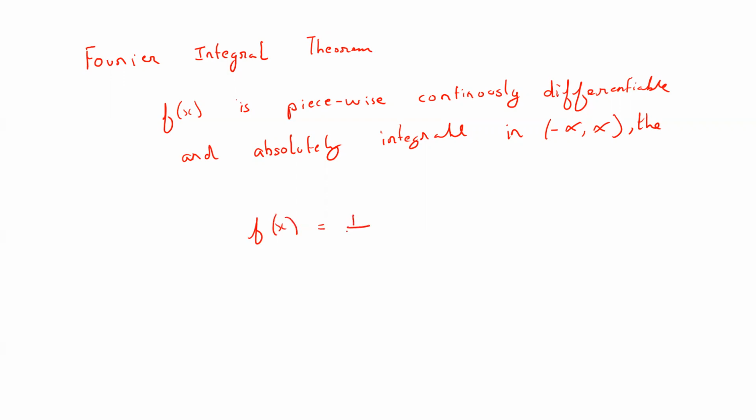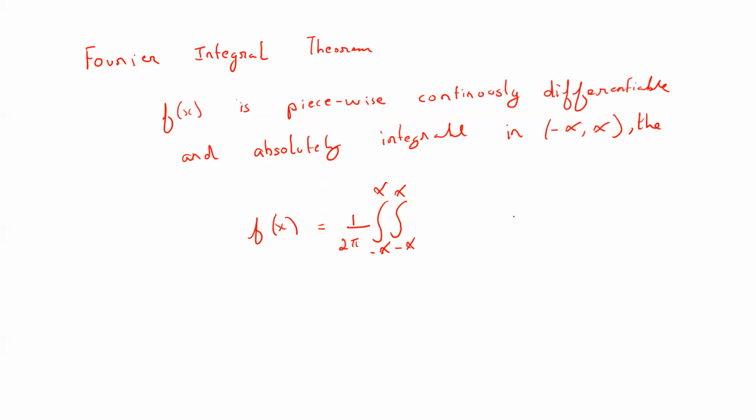So 1 by 2 pi, integration from minus infinity to infinity. There are two integrals here, with two variables of integration.